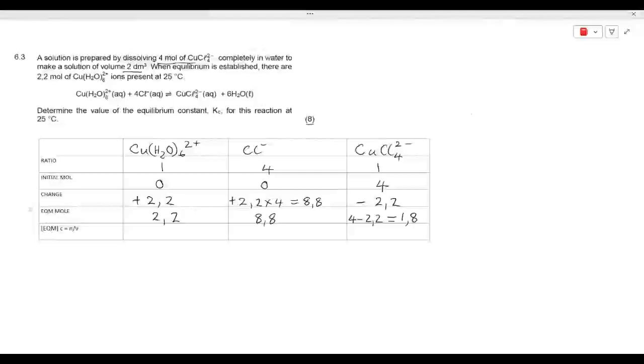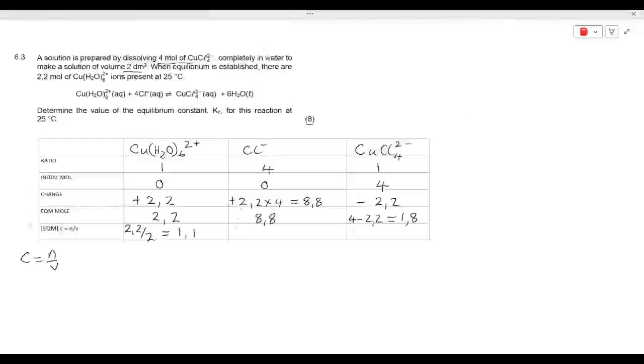Right, now the next table is if we want to find the equilibrium constant. And remember, we are going to make use of this formula that we have been using. C is equal to n over V, where C is the concentration, n is the number of moles at equilibrium, and V is the volume. And we are told here our volume is 2 dm cubed. So when we say 2.2 divided by 2, we are going to get 1.1.